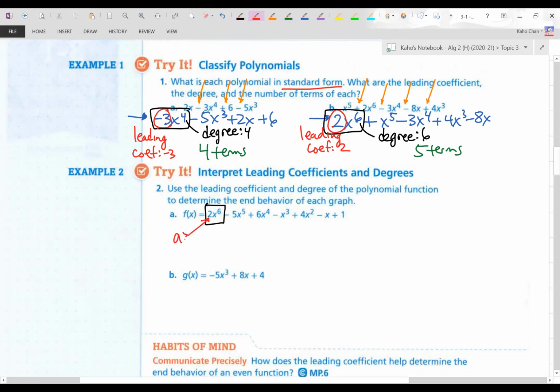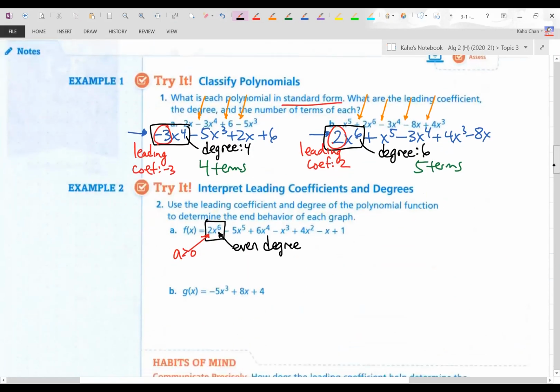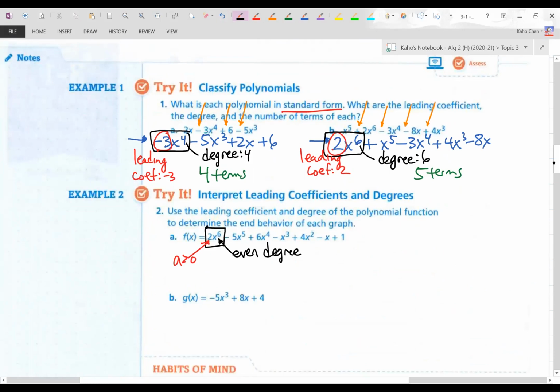Nice. A is positive. And my power, my degree is even. It's an even degree. So if I look at the previous screen here, whoa, even and positive definitely is the 3rd scenario from the previous page.